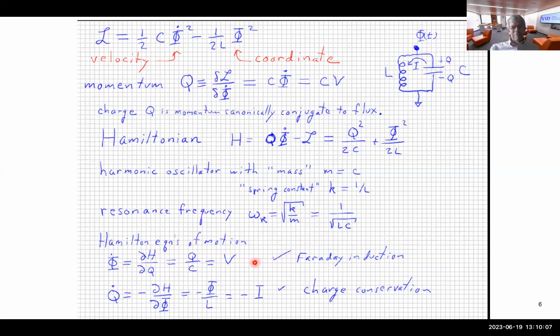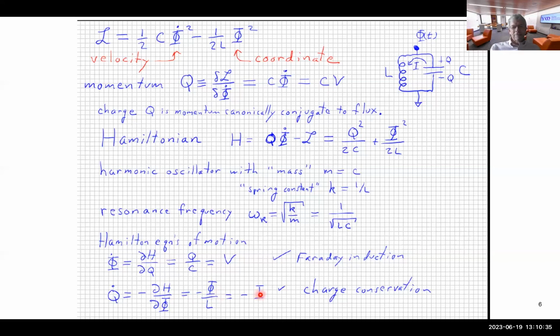And the classical Hamilton equations of motion just correspond to, so velocity is the derivative of the Hamiltonian with respect to momentum. That just gives Faraday induction. And the time rate of change of momentum is the force, minus dH d phi, the gradient of the potential.